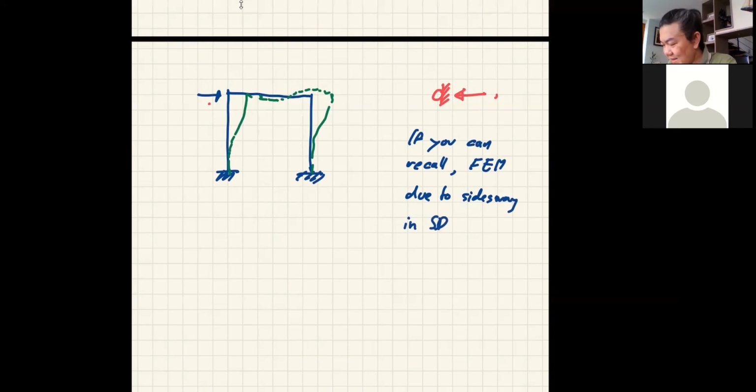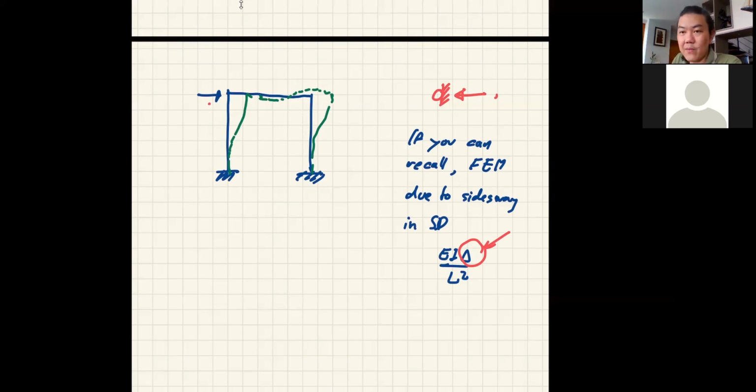I don't remember exactly, so don't take my word for it, but I think it looks something like this. So you'll see that it has this delta term in it. In other words, if you know what delta is, you should be able to solve for the fixed moment in slope deflection, right? But when you don't know, it's part of your equation, then you can solve it with an extra equation.